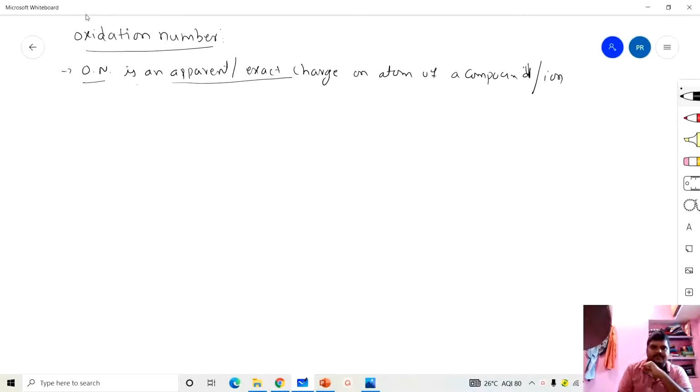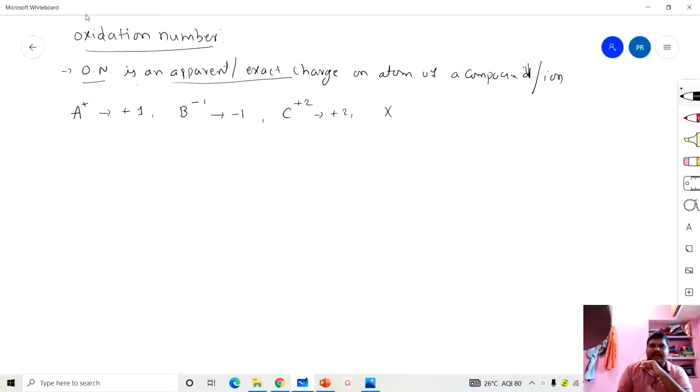For example, A plus is there. What is its oxidation number? Plus 1. For example, B minus is there, its oxidation number is minus 1. C plus 2 is there, its oxidation number is plus 2.